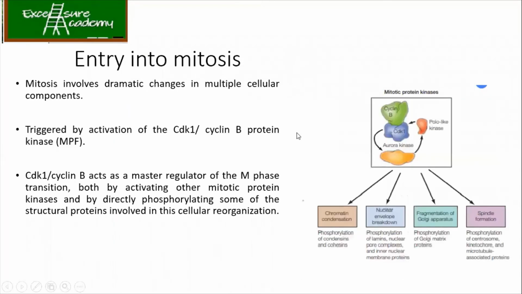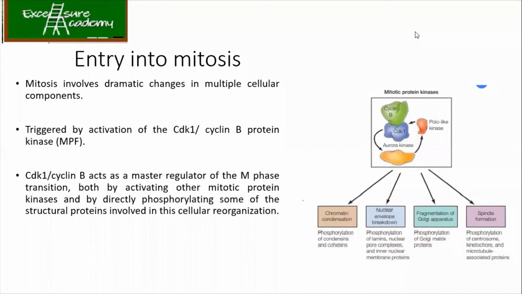Now let's talk about the mitosis. What we just studied was the overview of mitosis. Now how these cyclins, the cell cycle regulators, are ensuring that the mitosis is taking place properly. Okay. So now mitosis. There are so many things happening.